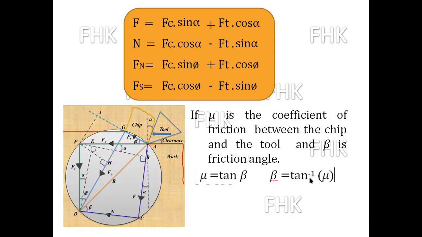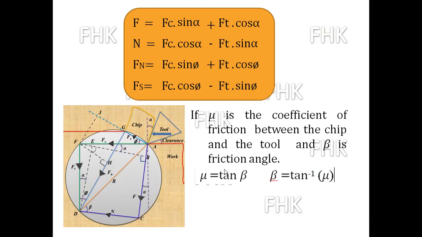The friction angle is denoted here by the Greek letter beta, which is the angle made by the resultant force and the normal component of force N. That angle beta is nothing but the friction angle between chip and tool.